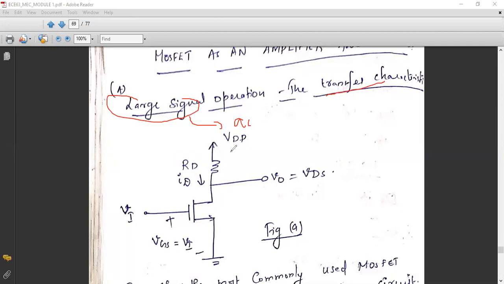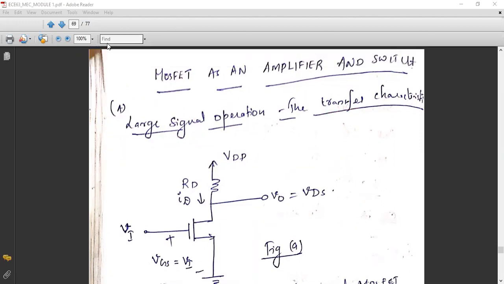With the supply voltages and the other DC battery voltages, we are going to analyze the MOSFET circuit. That is what is called a small signal analysis or DC analysis. So basically, large signal operation is with the involvement of AC input, we are going to analyze the performance of the circuit. For explaining the amplifier operation, we need to go for large signal operation.